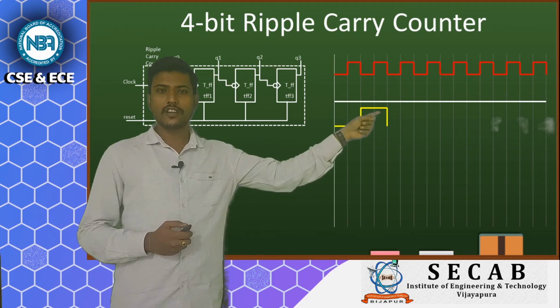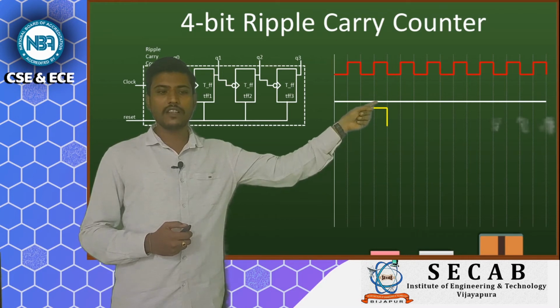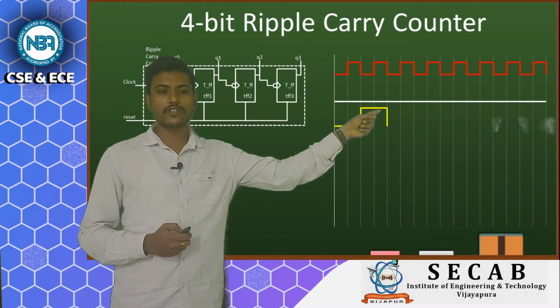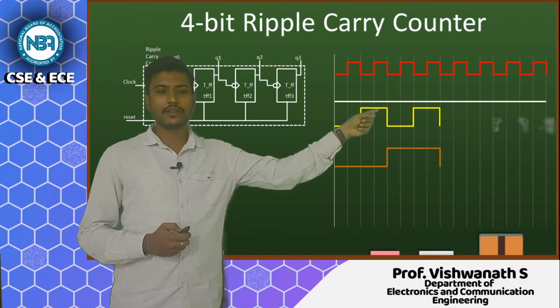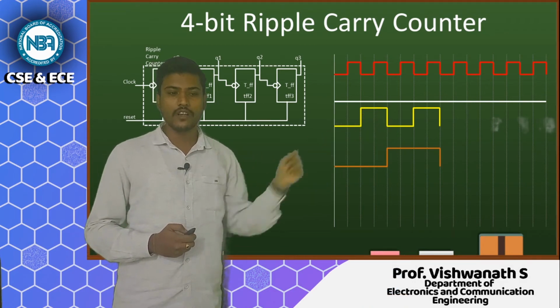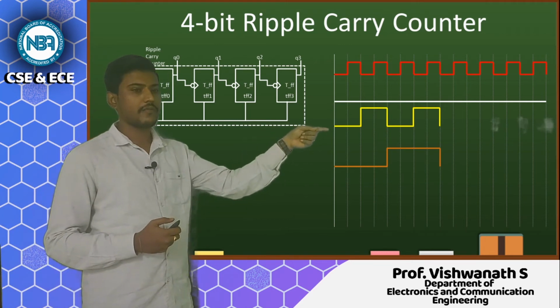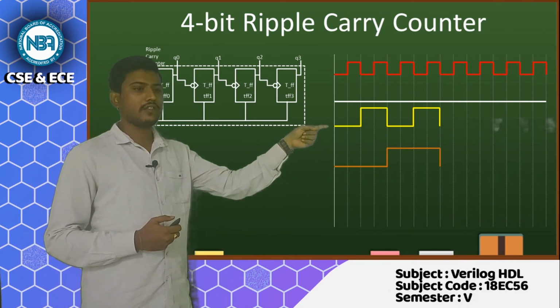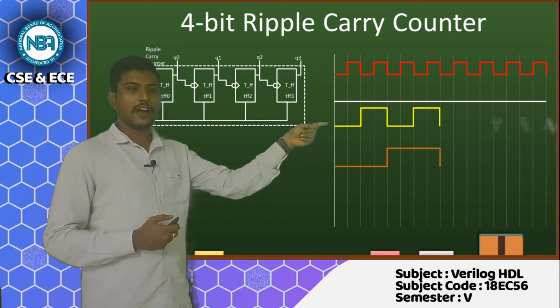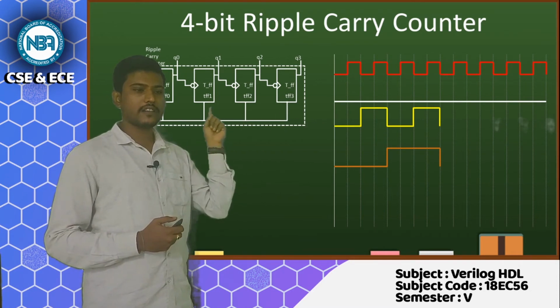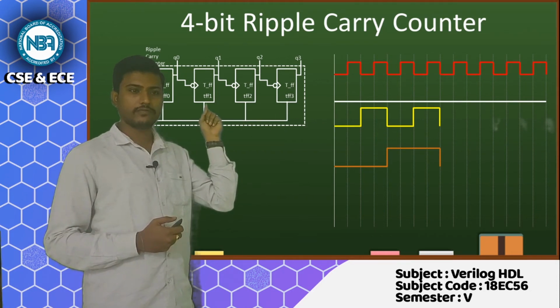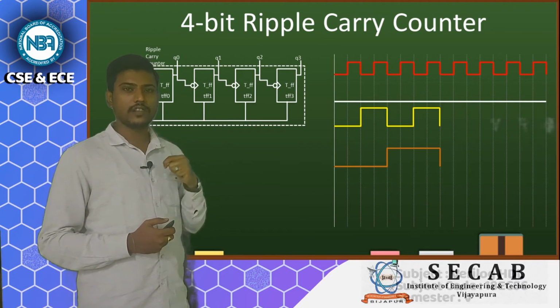So, next triggering point, where will it be? It will be at the neg edge of the next clock cycle. So, again it has become 0. Now, you can observe that this output is acting like a clock, and this clock is being fed as an input clock for this flip flop, right.